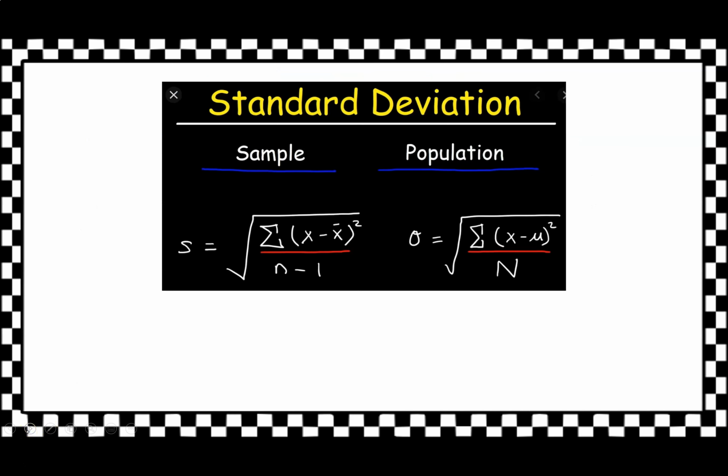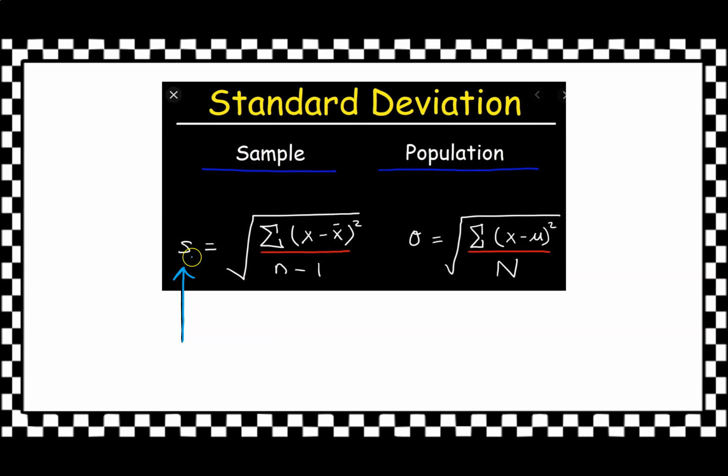Here's the formula. So this letter right here, S, stands for sample in this case. And so we are going to talk about S almost exclusively because we can't go out and survey the entire population.